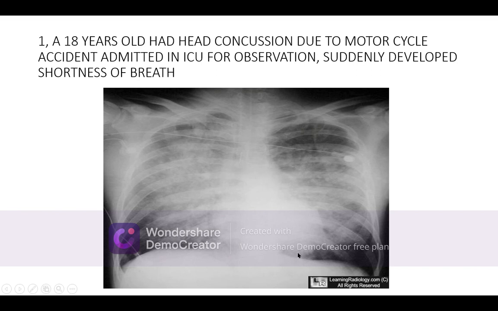There are many causes, but here is a really clear-cut cause. This non-cardiogenic pulmonary edema occurs because the patient has a head injury, concussion, and was lying in bed when he developed this problem.